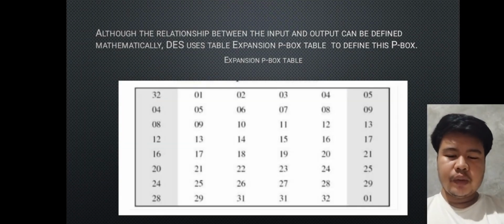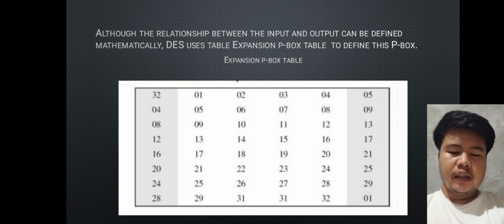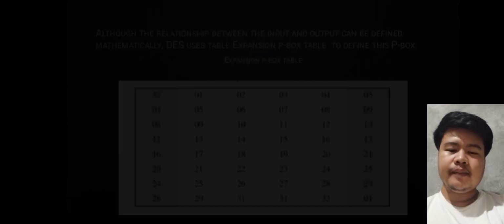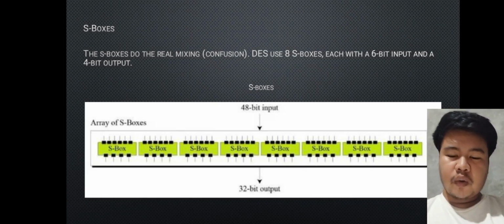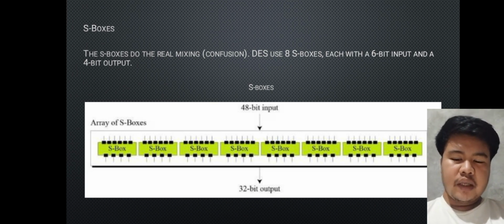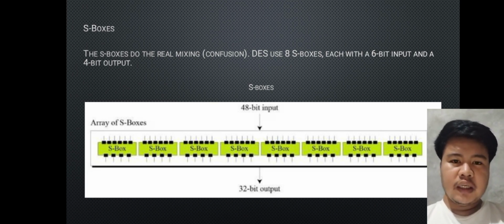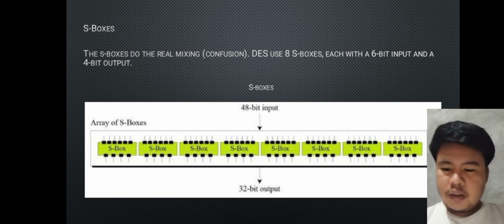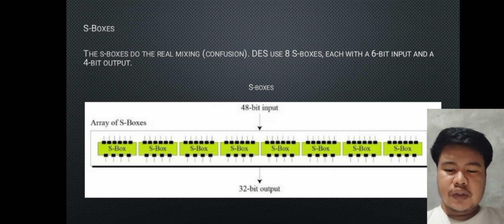Although the relation between the input and output can be defined mathematically, DES uses table 6.2 to define this P-box. The XOR whitener: after the expansion permutation, DES does an XOR operation on the expanded right section and the round key. The round key is used only in this operation.